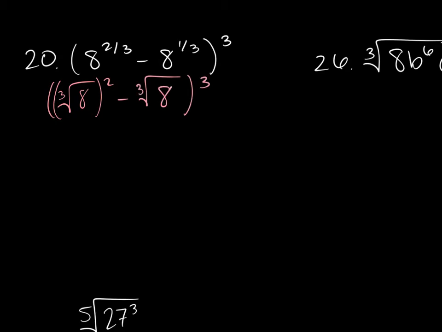Remember, you cannot just distribute the power to each term in that expression. You have to evaluate inside the parentheses first. Remember your order of operations here. So cube root of 8 is 2. So 2 squared minus 2 cubed. I've got 4 minus 2 cubed, which is 8.